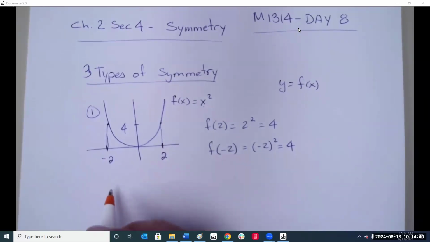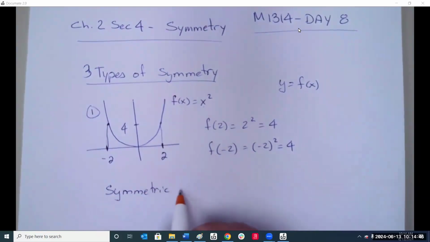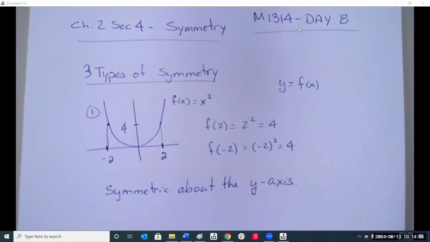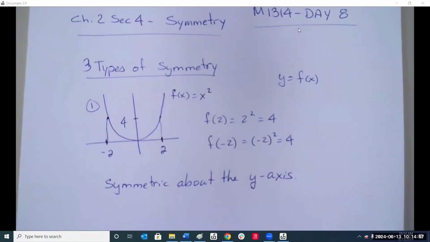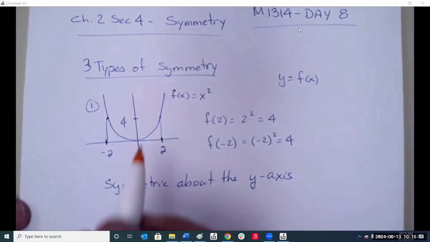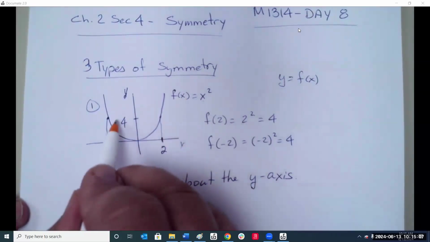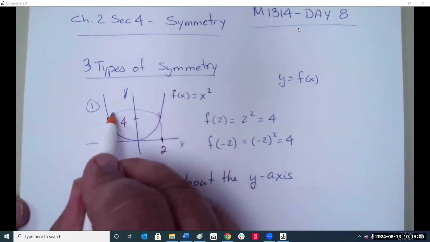So this function is symmetric about the y-axis. Remember, here's the y. This is the x. So it's the same on both sides.